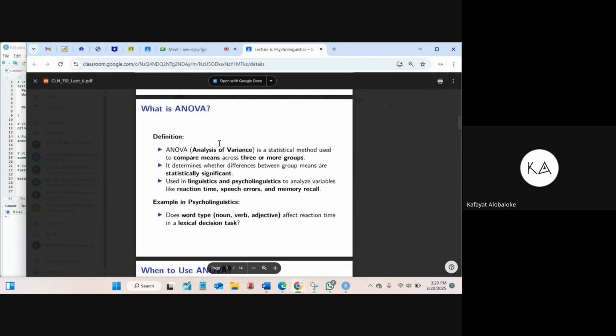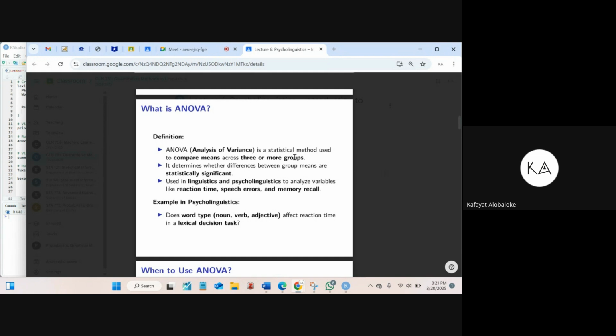So what do we mean by ANOVA? In statistics, analysis of variance, you can recall in the last class when we discussed the t-test, we said we use the t-test for comparing means across two groups.